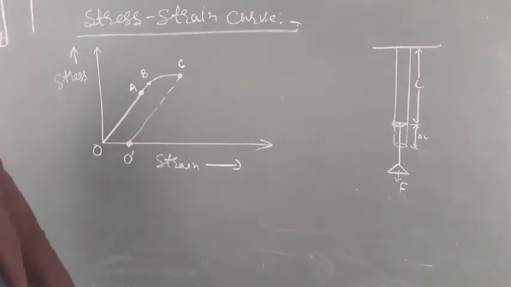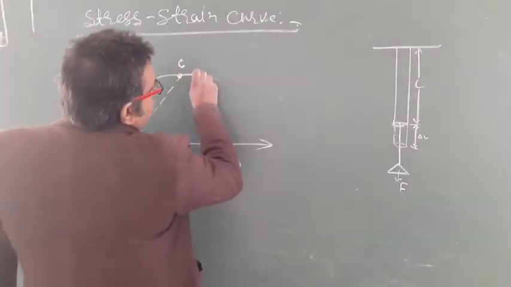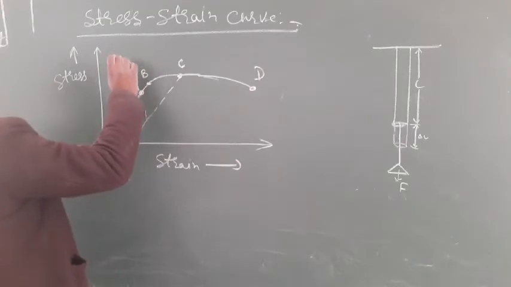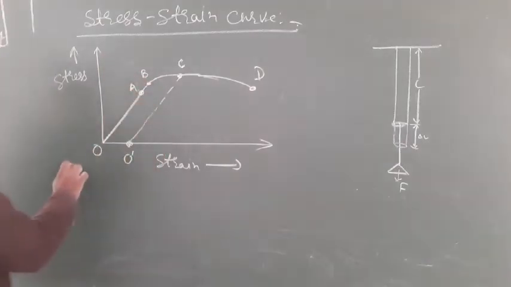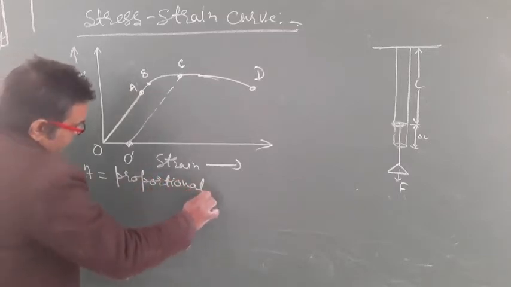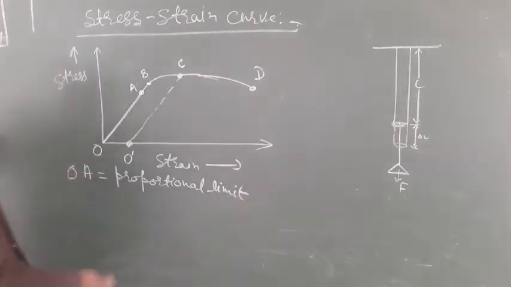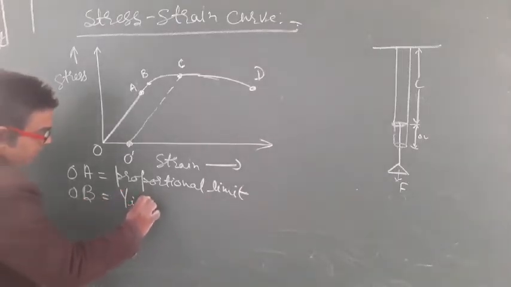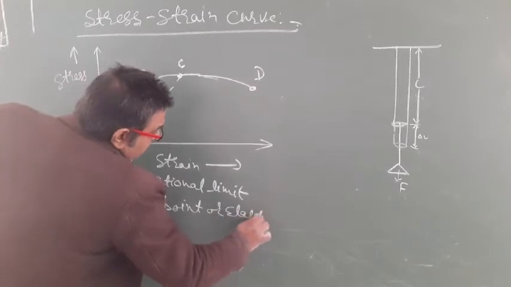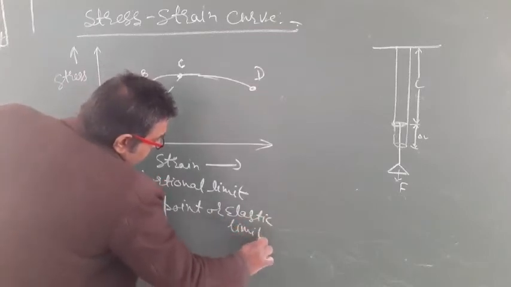Now if we further increase the load, we will reach a point called D. OA is called the proportional limit. OB is the yield point or elastic limit.